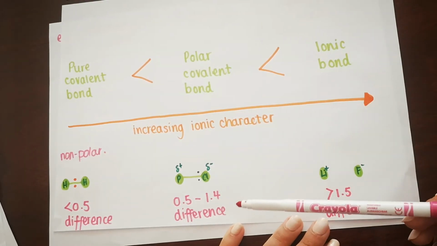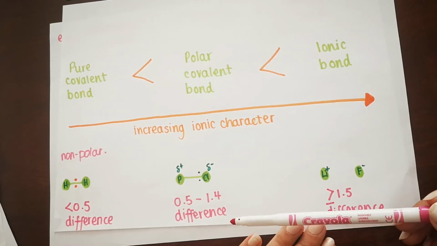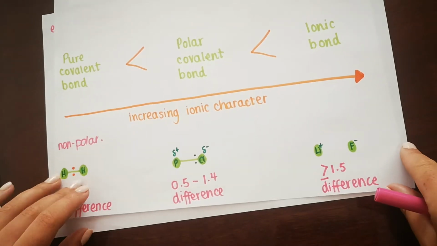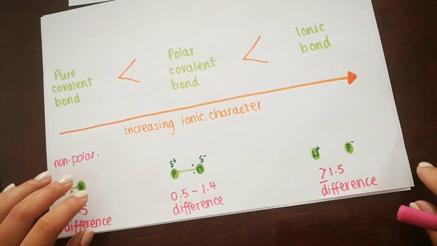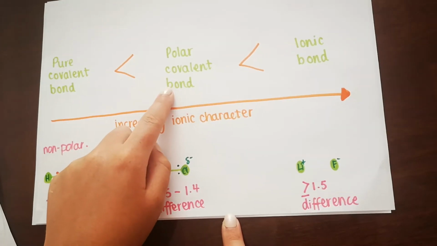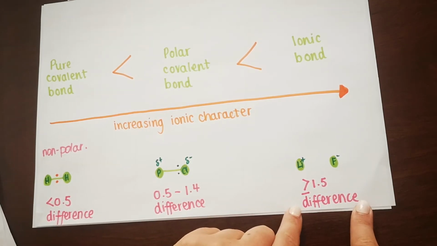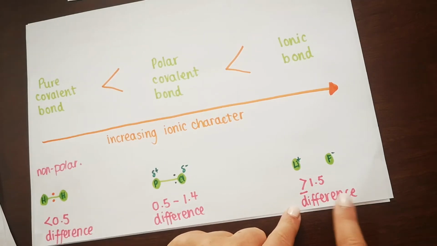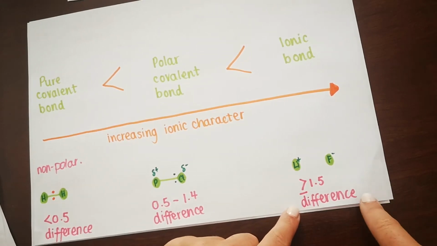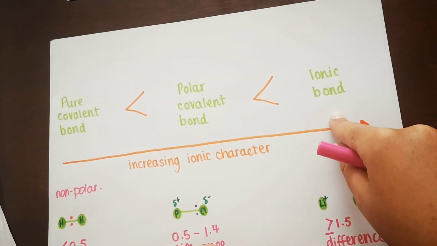From 0.5 to 1.4, if the difference in electronegativity between the two atoms is within this range, you're going to have a polar covalent bond. If the difference between the two atoms is more than or equal to 1.5 and over, you're going to have an ionic bond.